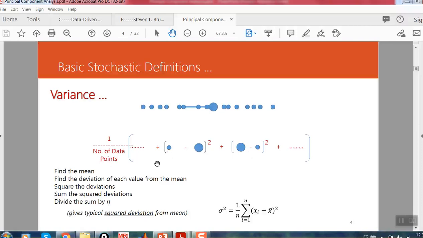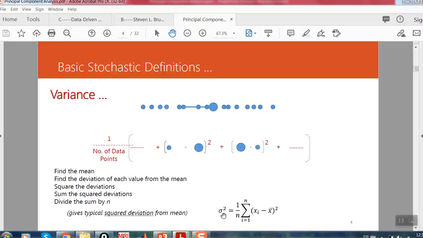We call this measured value variance, and we can rewrite it like this.